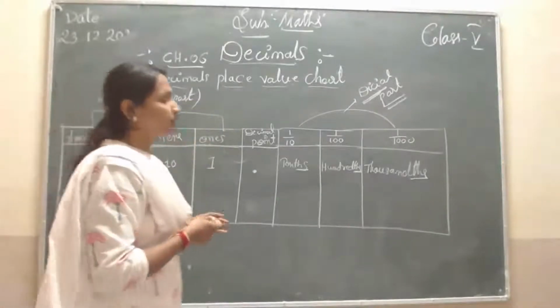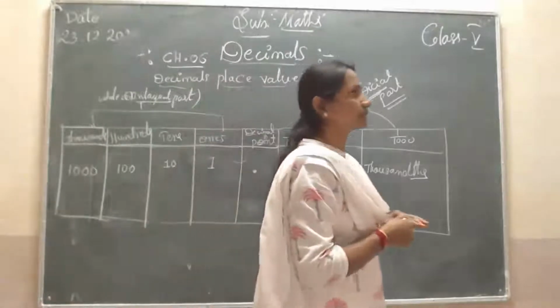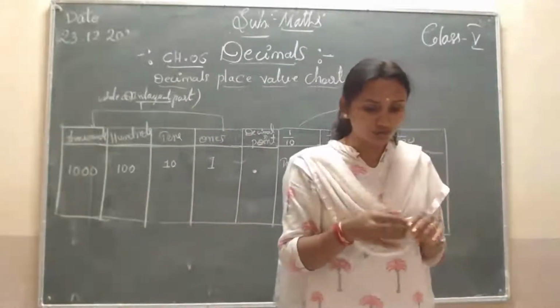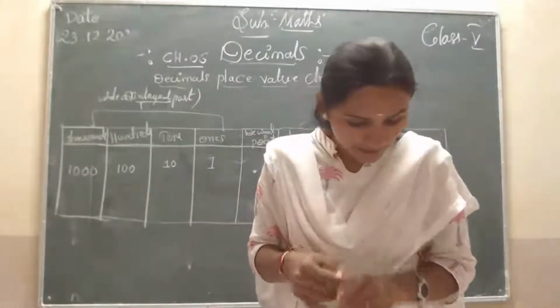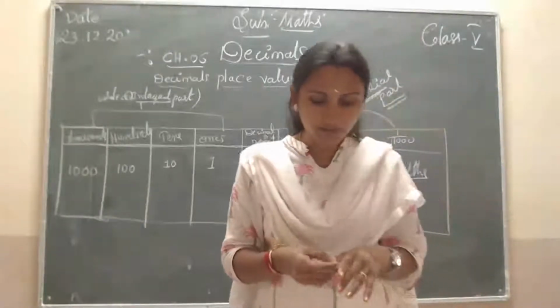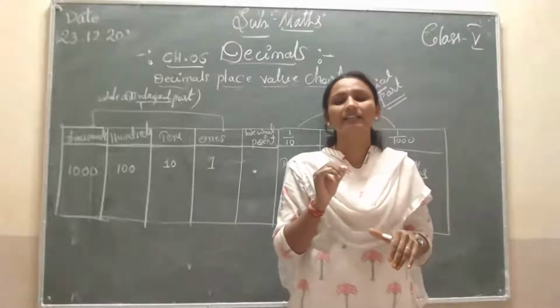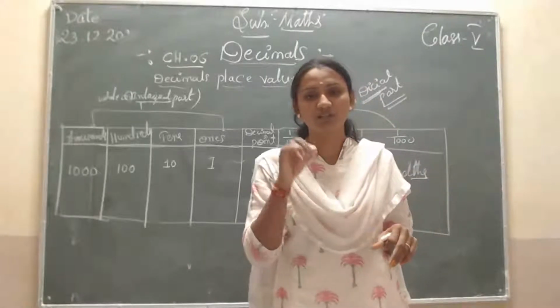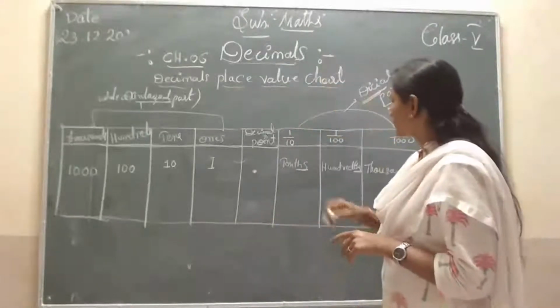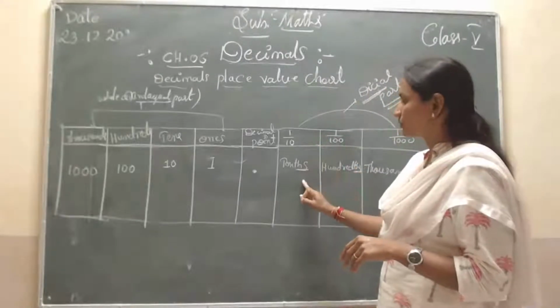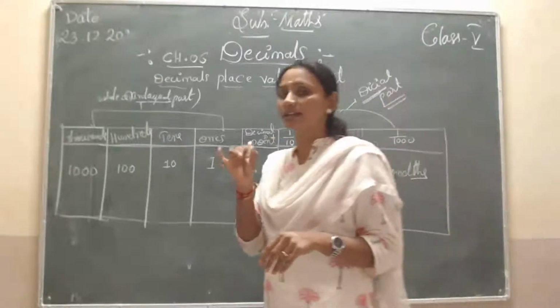In the decimal point afterwards, the first place is got by dividing the number by 10. So dividing by 10, you have to consider that as tenths, 1 by 10.